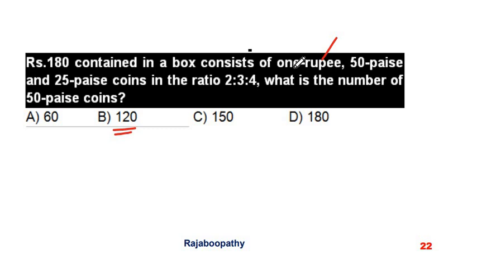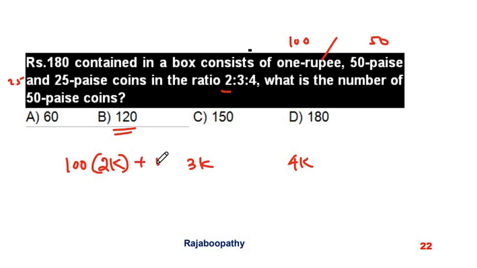First convert everything into the same units. 1 rupee means 100 paise, then 50, 25. The coins are in the ratio 2:3:4, that means 2K, 3K, 4K. 2K coins of 1 rupee each, so the value is 100 into 2K.